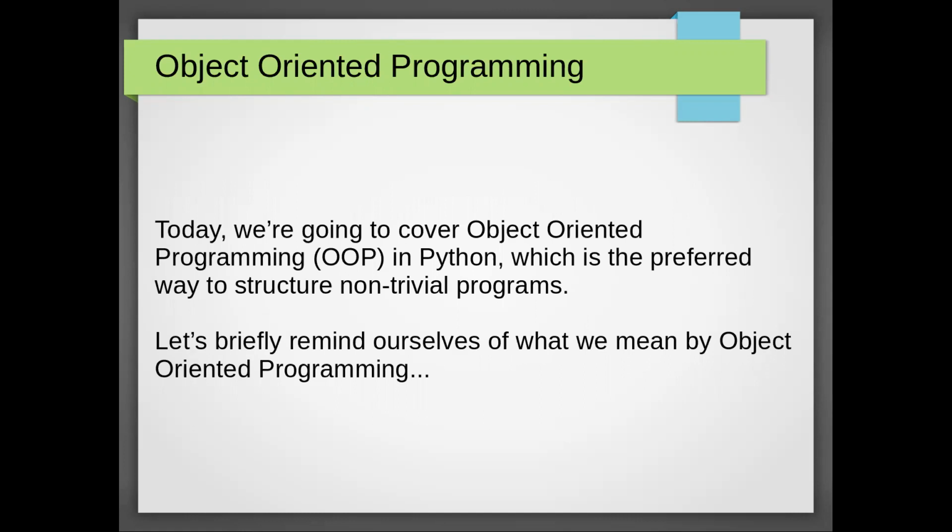It's good practice, particularly if you're doing anything non-trivial. If you're doing odd little bits of code here and there just to test something out, or just writing a simple little program, then you may not need it. It might be overkill. But generally speaking, when you're developing something, and particularly for your projects, you're going to want to be thinking about developing in an object-oriented way.